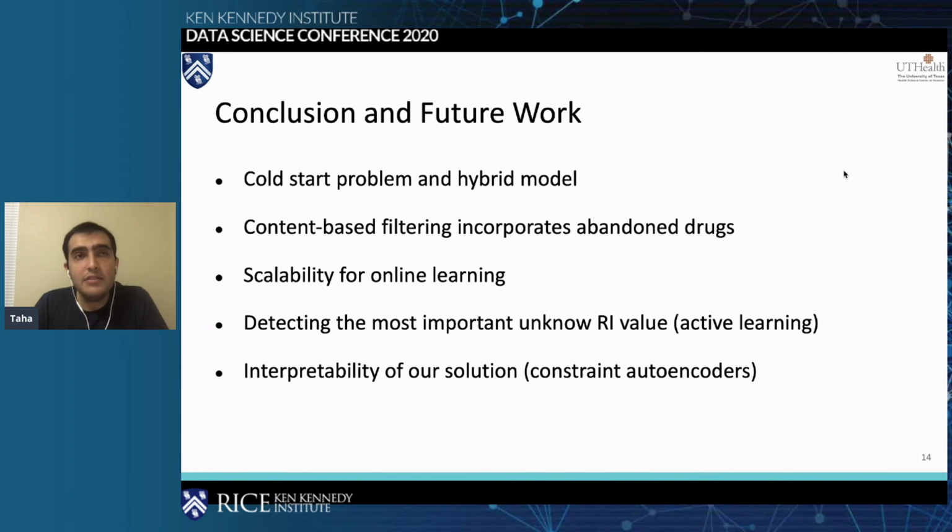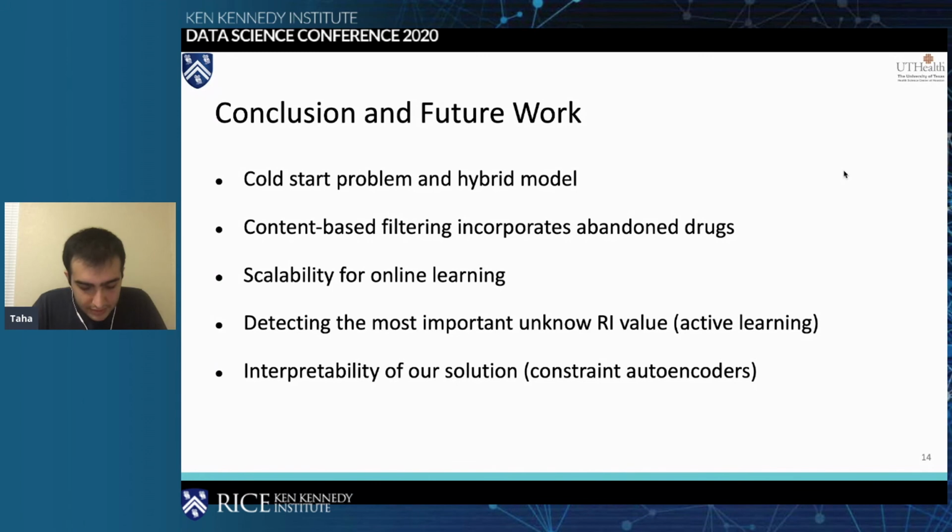And there is a vast line of future work for our research, like scalability for online learning. Our approach is currently scalable in the number of cells and drugs, but it depends on the sparsity of the joint matrix. We want it to be scalable in the sense that it can take new trials online without needing to be trained from scratch, and use the information of that trial.